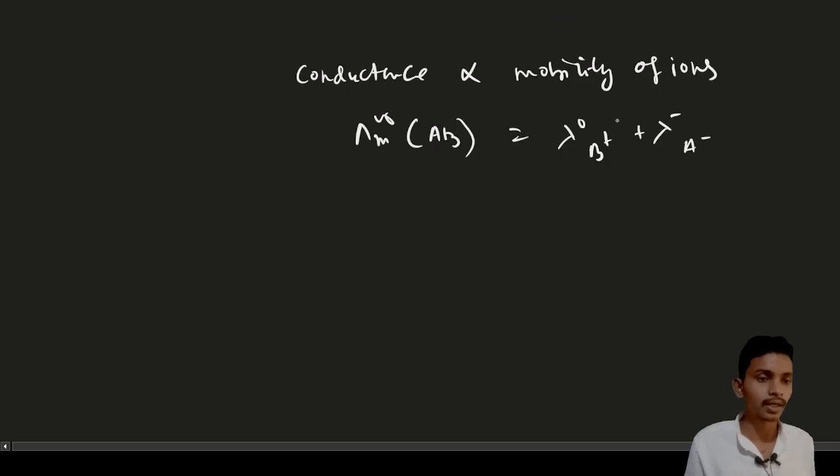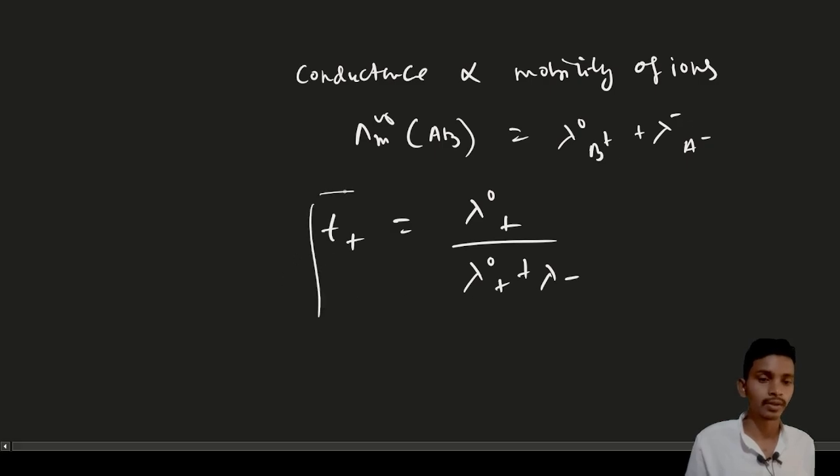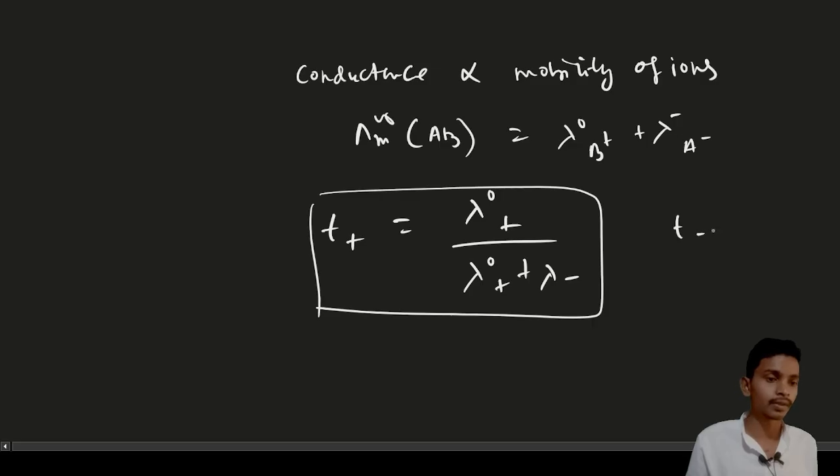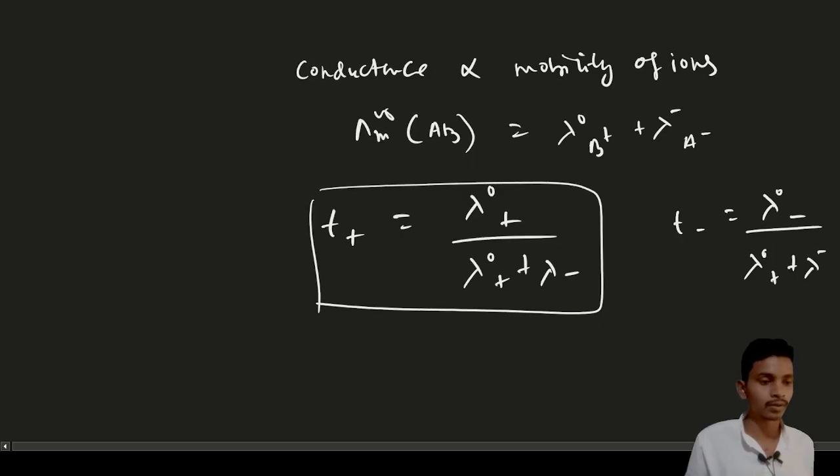This conductance is directly proportional to mobility, so I can write that transport number of cations is equal to ionic conductivity of cations upon this, and also T minus equal to this one.